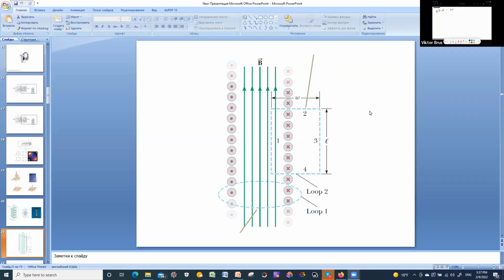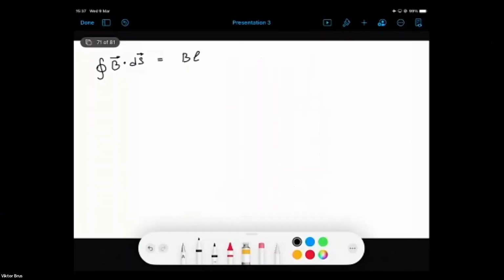So that's why, taking this into account, we can write that this should be equal to mu naught times N, the total number of times the current together with the wire goes through the closed surface of the closed path, times the magnitude of electric current through this wire.